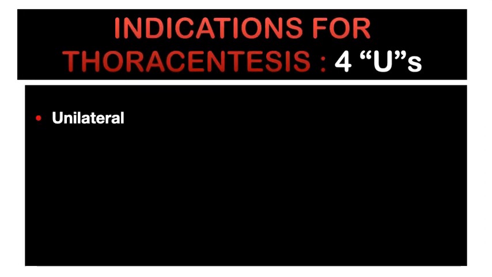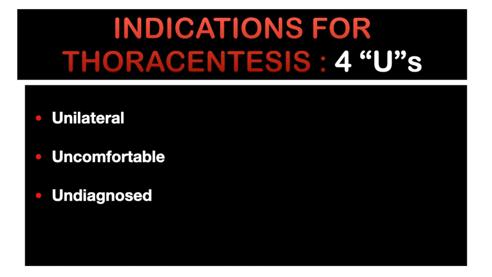Unilateral, since most unilateral effusions are caused by local factors. Uncomfortable, the patient is symptomatic, meaning the fluid is massive enough to cause dyspnea, so it needs to be drained. Undiagnosed, especially if you are considering malignancy. And lastly, unresponsive to medical therapy.